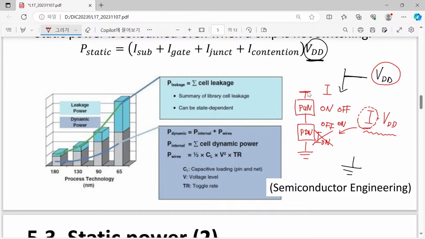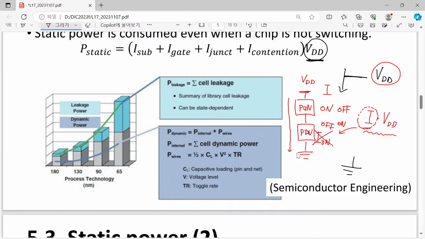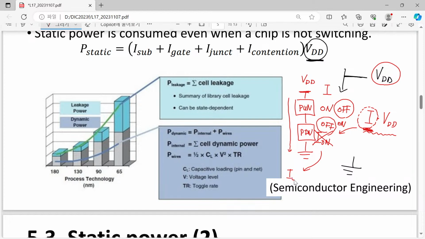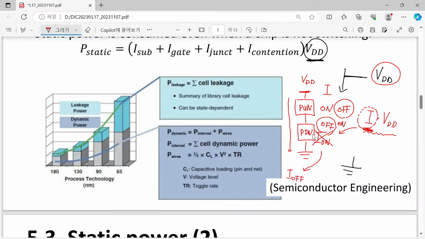So from the viewpoint of our VDD, the path toward ground is always disconnected by one or the other. So everybody now understands that this current will be the off current of the turned-off network.